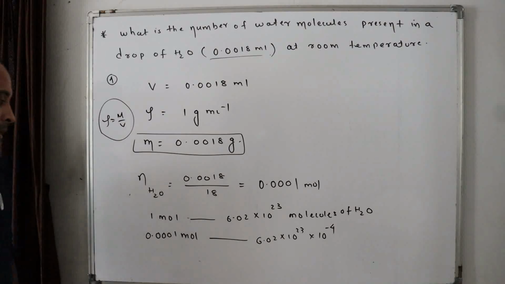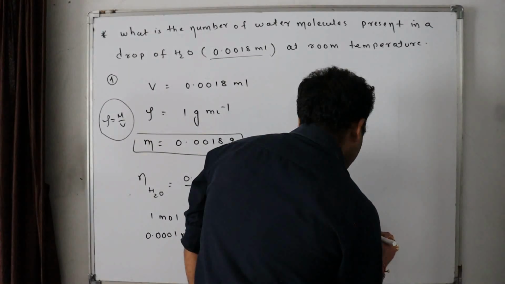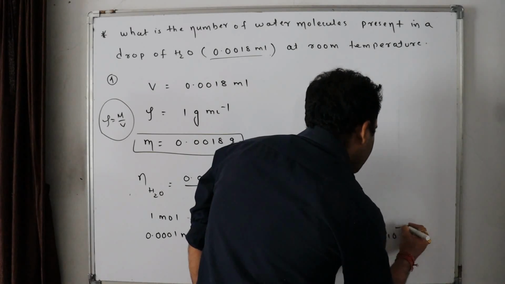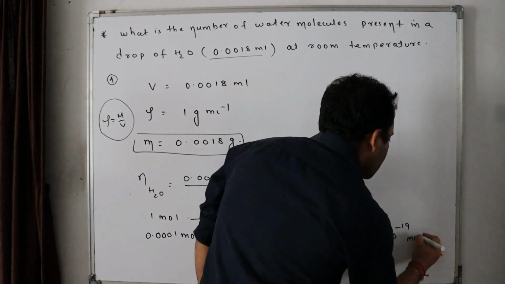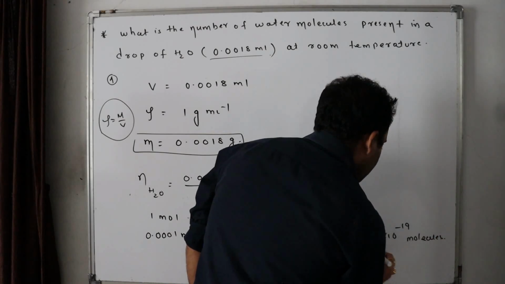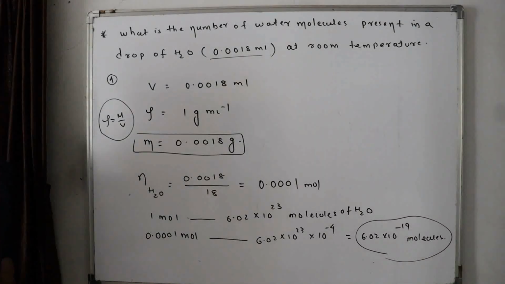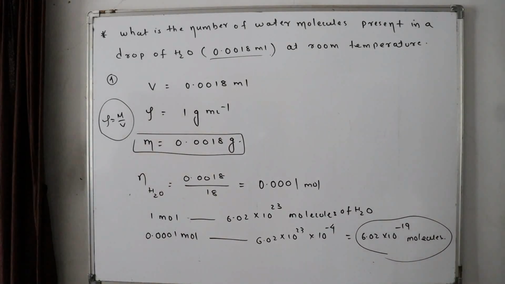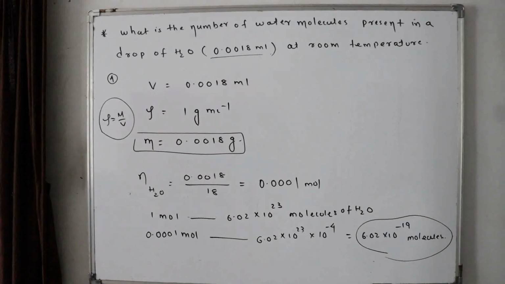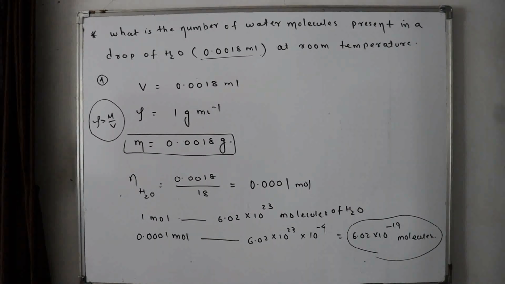So it comes 6.02 into 10 to the power 19 molecules. Please check the calculation every time. These molecules are present in 1 drop of water at room temperature.